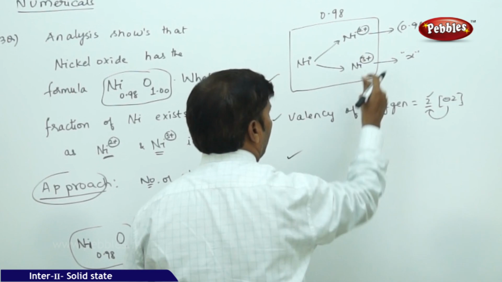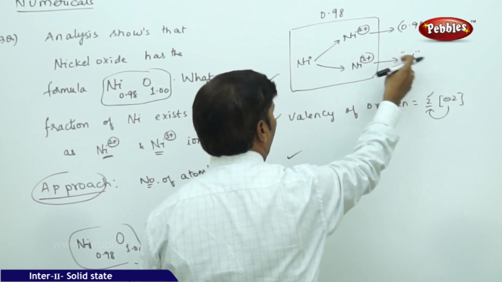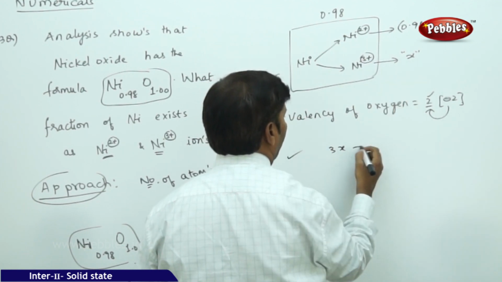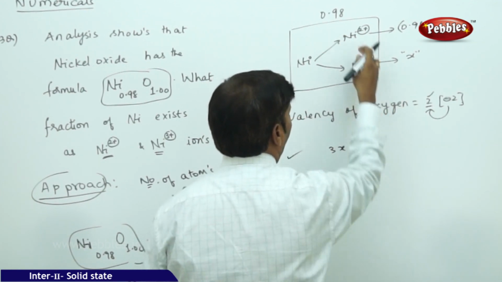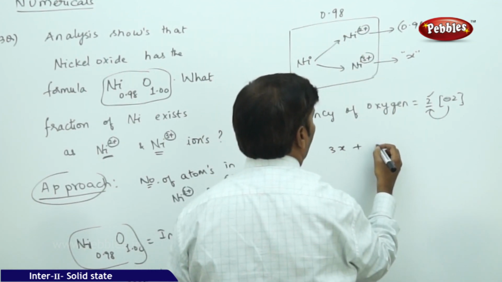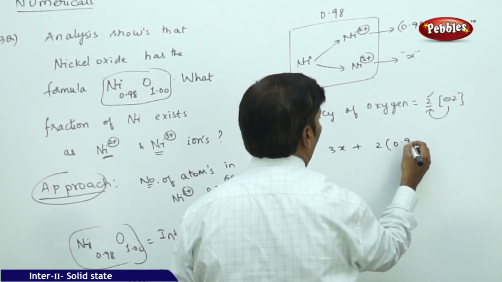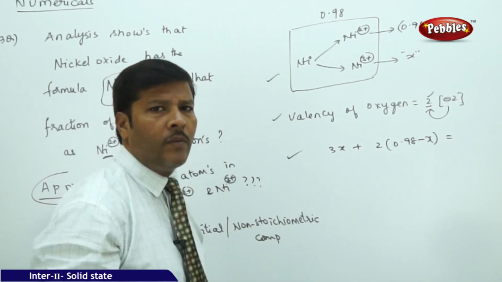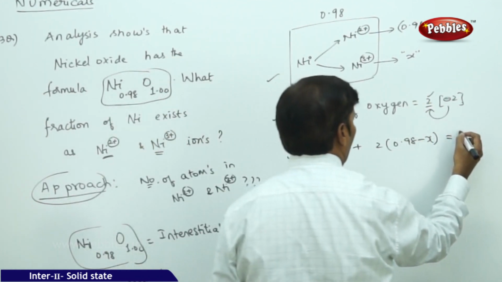So nickel in plus 3 oxidation state: x into plus 3 is 3x, and plus 2 oxidation state of nickel gives 2 of 0.98 minus x, which must be equated with the valency of oxygen, which is 2.